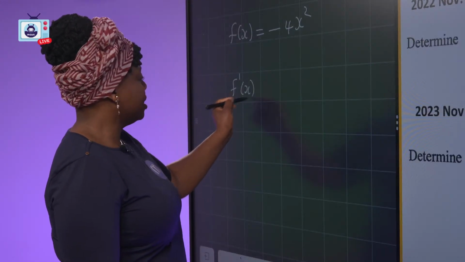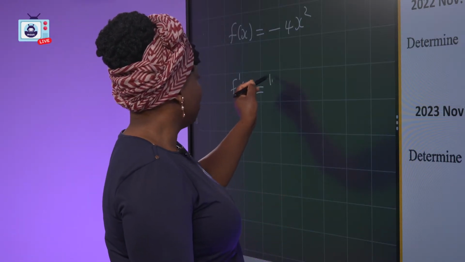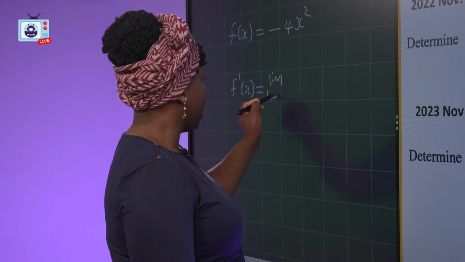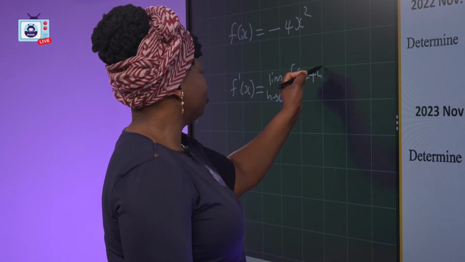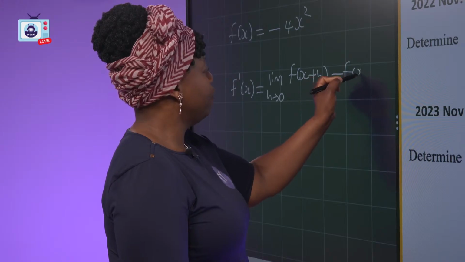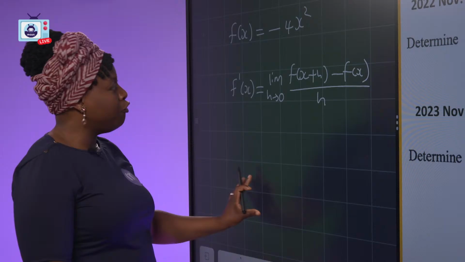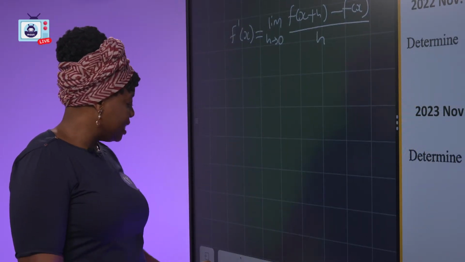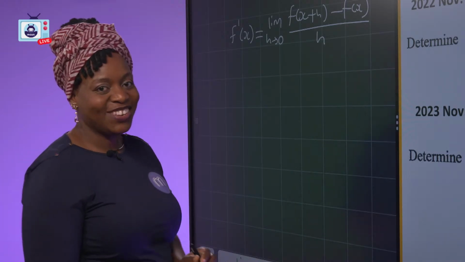The first principle formula, that's what we mean. F prime of x equals the limit as h approaches 0 of f of x plus h minus f of x, all divided by h. So that is our formula, and then we can start doing our own things, which is what we like the most, right?